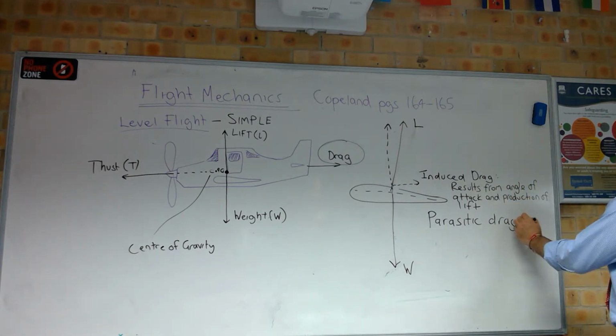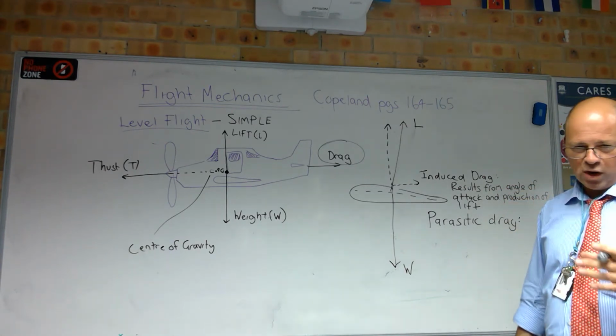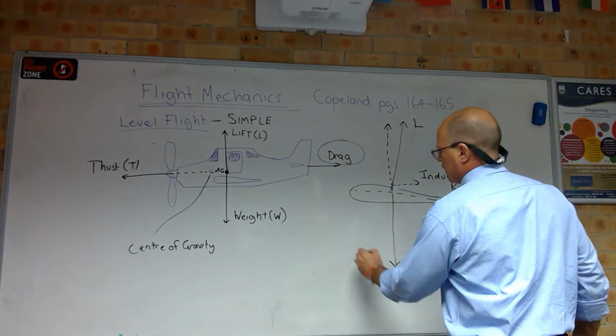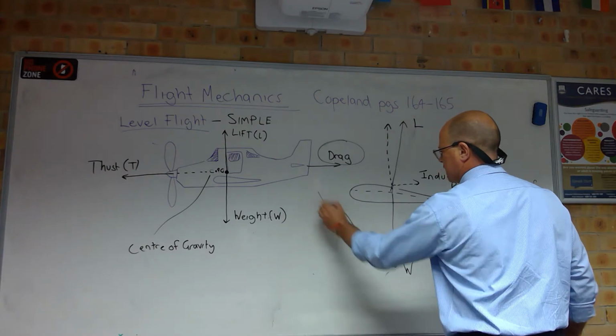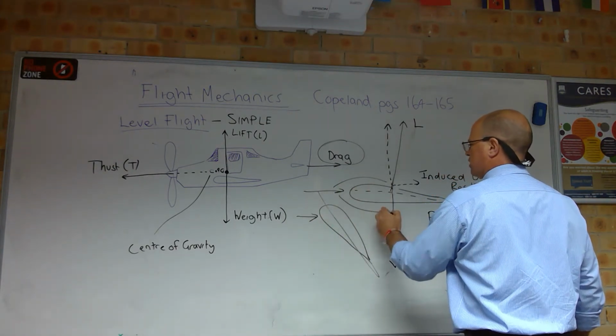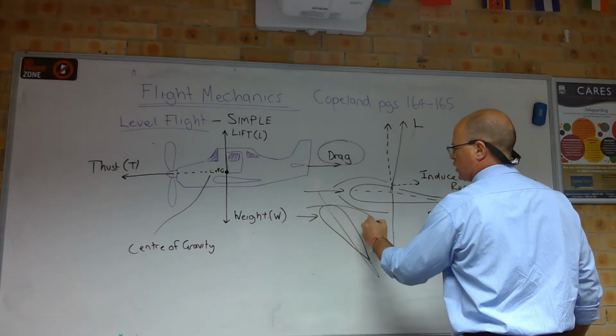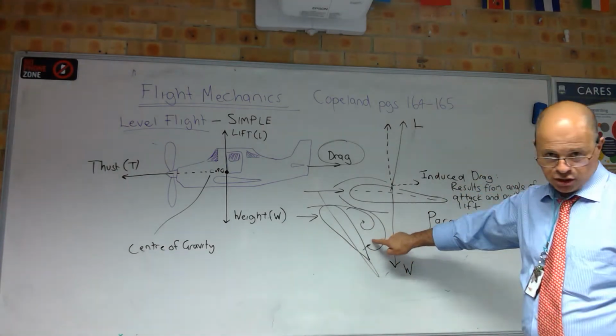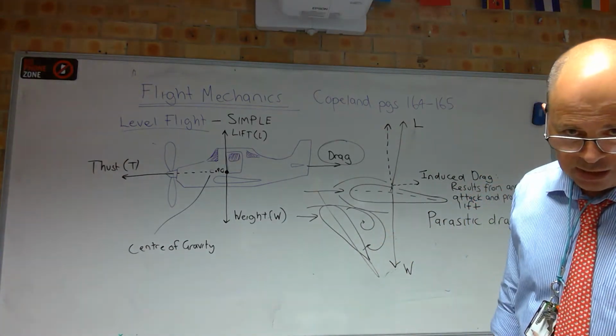Parasitic drag, on the other hand, is when you get turbulent airflow. So if you create a really steep angle of attack, and this is the wind coming this way and flowing around the airfoil, what happens is, and we've talked about this in the textbook, you get separation on the top surface of the wing.